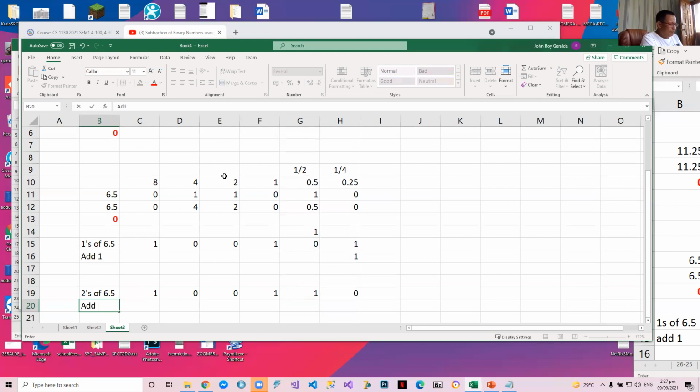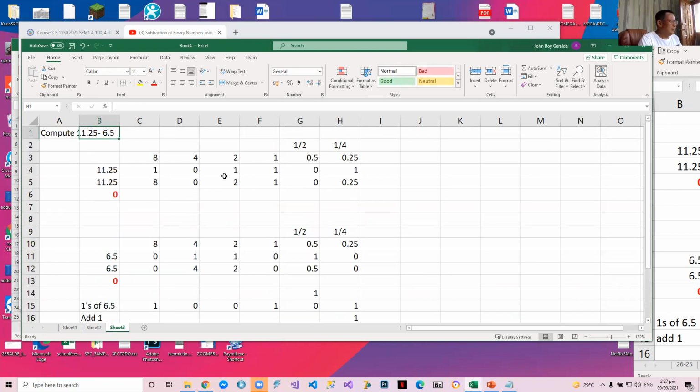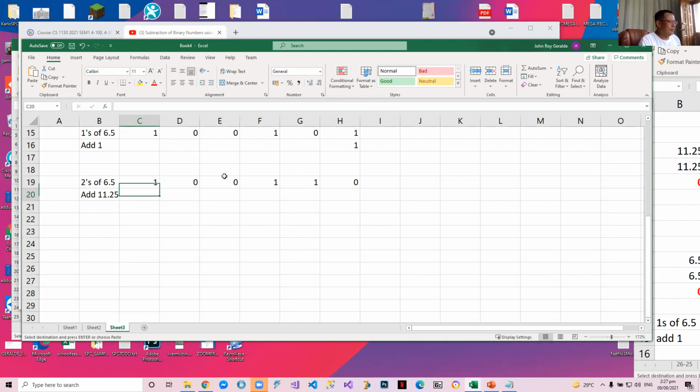So we add 11.25. 11.25 is this. Just add. We add, addition only, no subtraction. 0 plus 1, 1. 1 plus 0, 1. 1 plus 1, 0, carry 1. You follow?